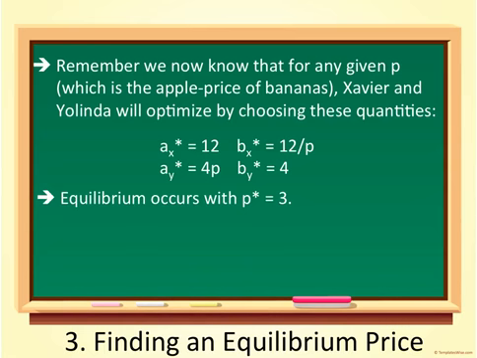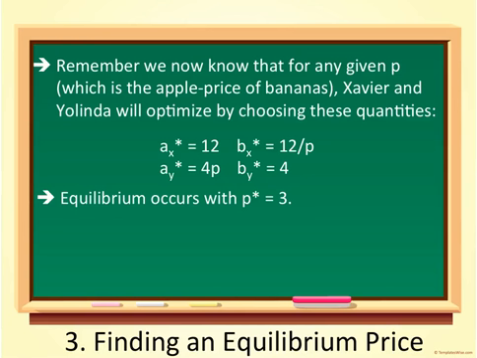So when the price is 3, let's look at the apple market. Xavier wants to sell 12 apples and Yolinda wants to buy 4 times 3, 12 apples. Okay, so that clears.